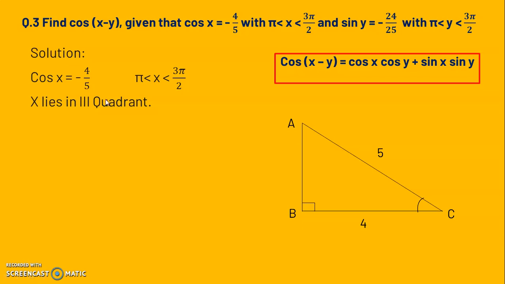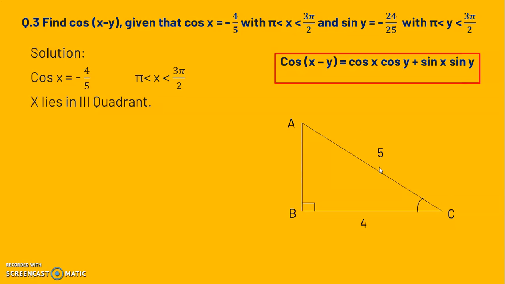So consider a triangle ABC. Here, what is your cos x? That is adjacent divided by hypotenuse. In this triangle the angle is at point C. The side opposite to this angle is known as the opposite side, the side adjacent to it is the adjacent side, and the other side is the hypotenuse. So cos x is adjacent divided by hypotenuse, so the adjacent side BC is 4 and the hypotenuse AC is 5.